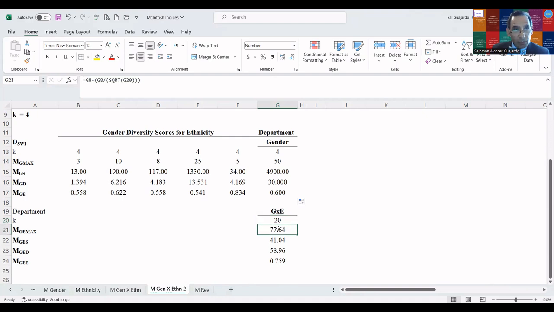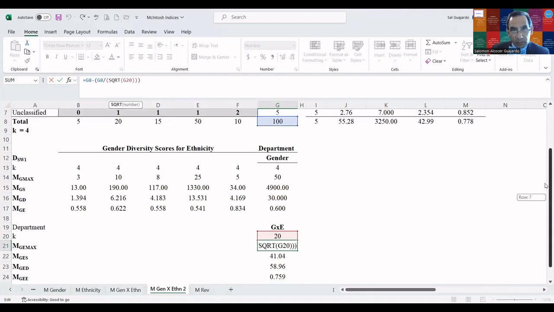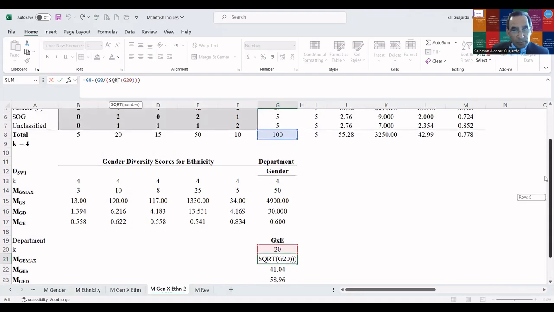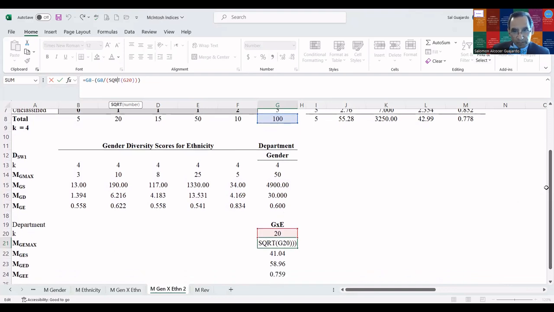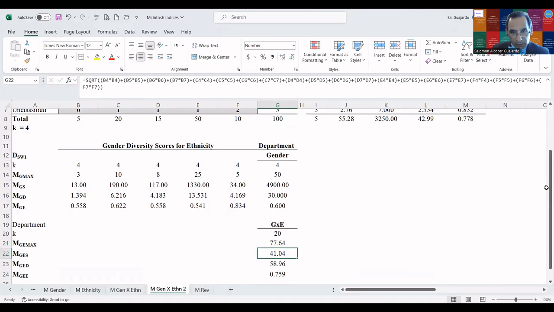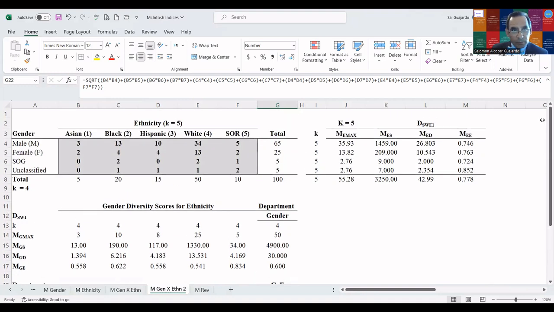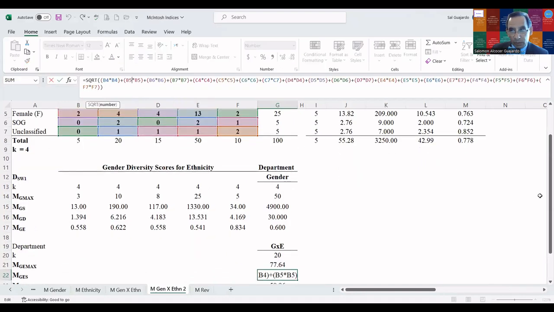So the maximum value is going to be 100 minus 100 divided by the square root of 20. So that's 77.64.